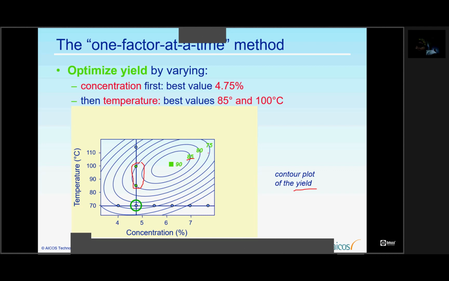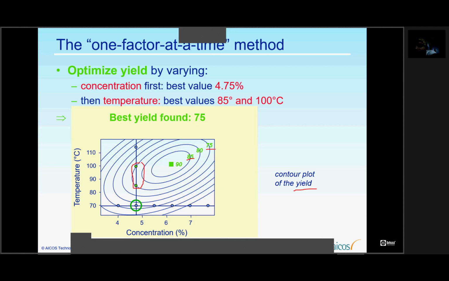And if you follow the line, they are on the line 75. So the conclusion after these 9 experiments is that the best yield is 75. Obviously, you can see in this picture that the best region close to 90 or 85 has never been looked at. And this is due intrinsically to the method chosen, because you do one factor at a time, and this doesn't enable you to look everywhere at the same time.